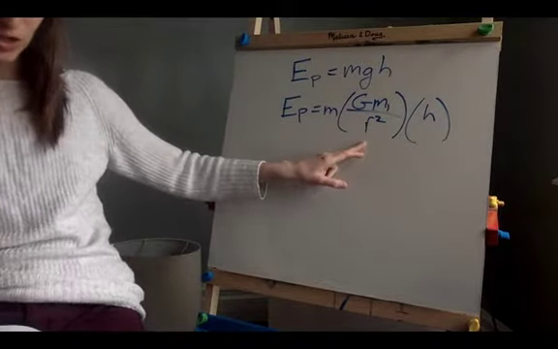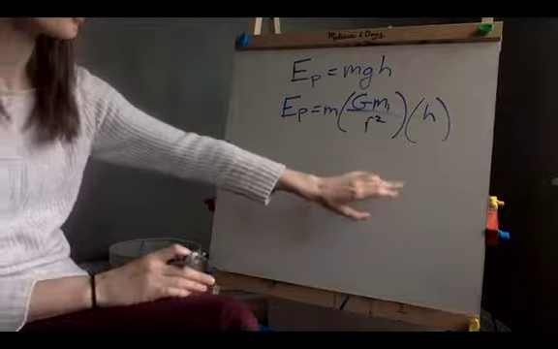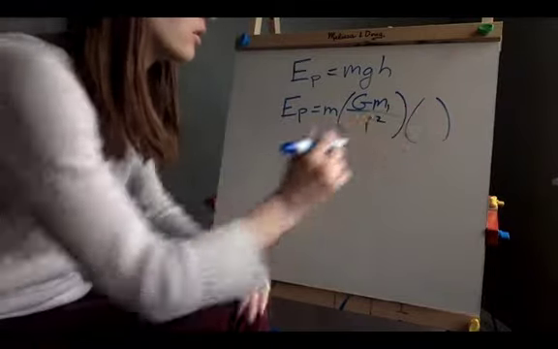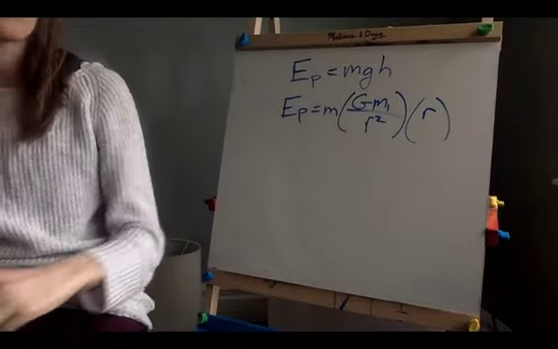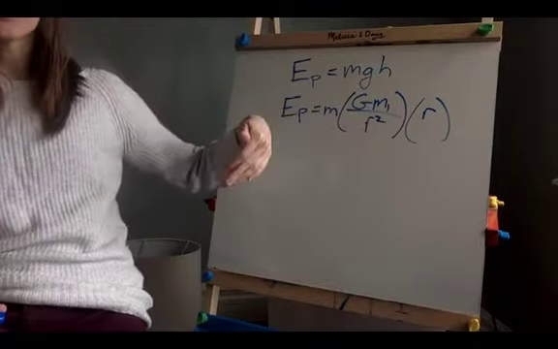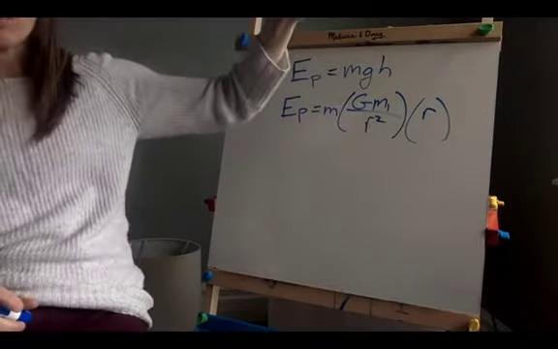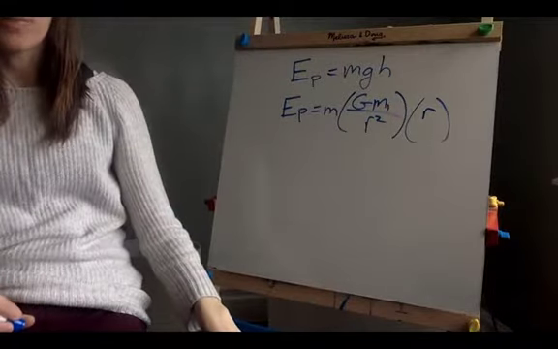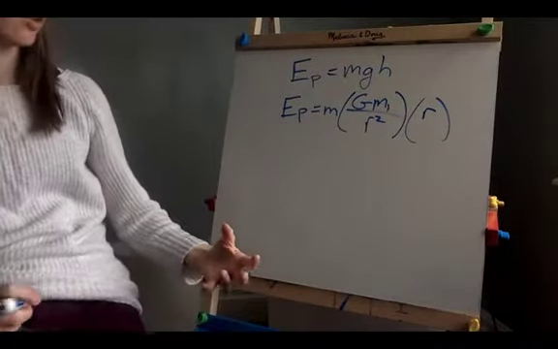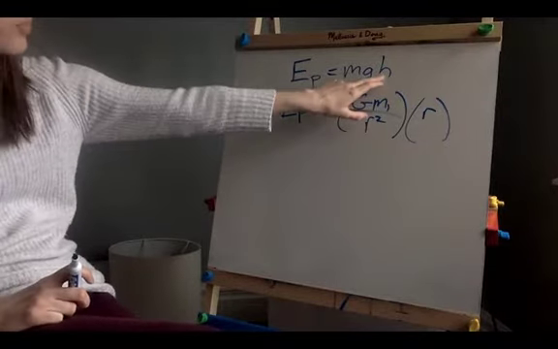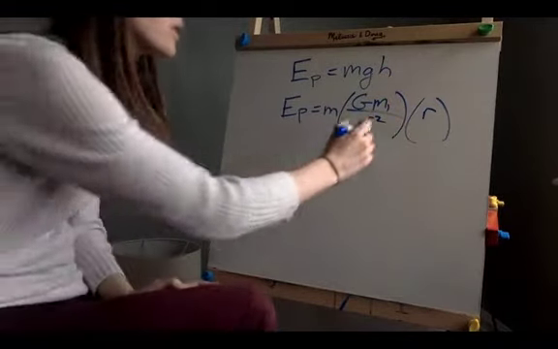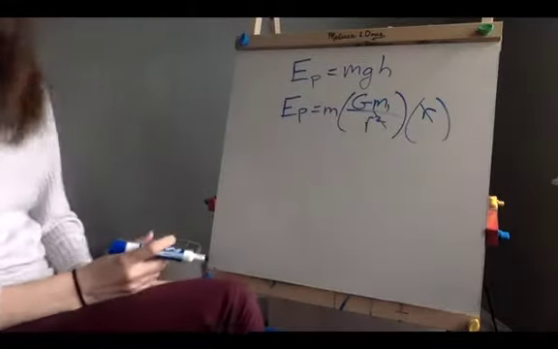So really, we can just substitute that value of h and call it r, because they're being defined as the same thing. That height is actually the height between the actual object and the center of mass of the larger object, so let's say the Earth, and that's also how we've defined the radius in this case. So you can replace that h with an r, and then this cancels.